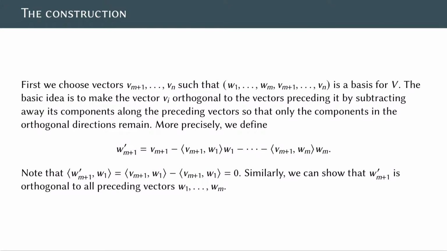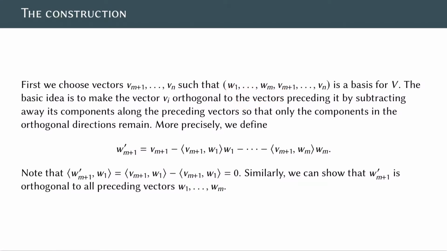You just extend it to a basis. The idea is, we are going to make each one of these Vi's orthogonal to all the vectors preceding it. How we are going to do that is we are going to take this Vi, let's say Vm plus 1, and subtract away its components along the previous vectors.